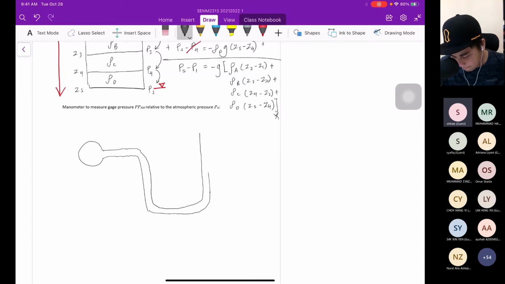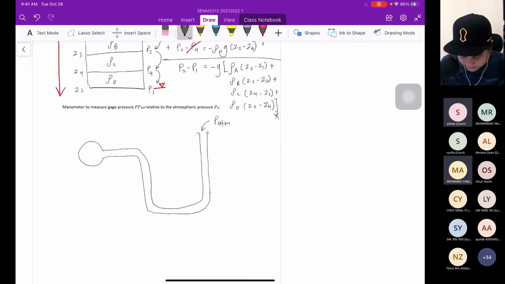This manometer, as you can see, is exposed to the PATM. And then this is gas A. And then we fill up with the liquid. I don't know, maybe what kind of liquid. It will be like this, right? This is the liquid.